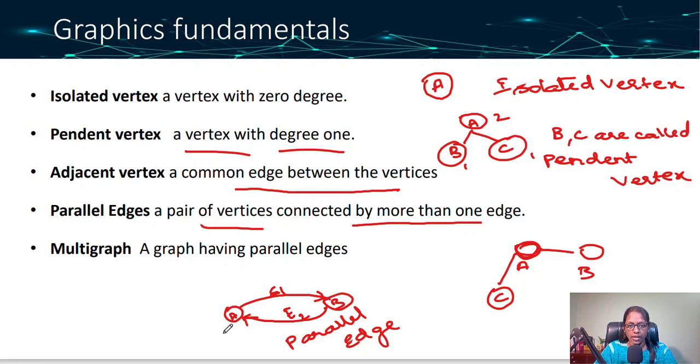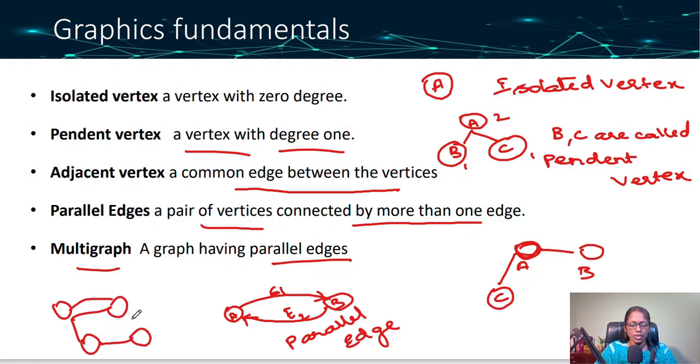So A and B vertices are connected by two edges. The same vertices connected by more than one edge are called parallel edges. Next, a multigraph. A multigraph means a graph having parallel edges.